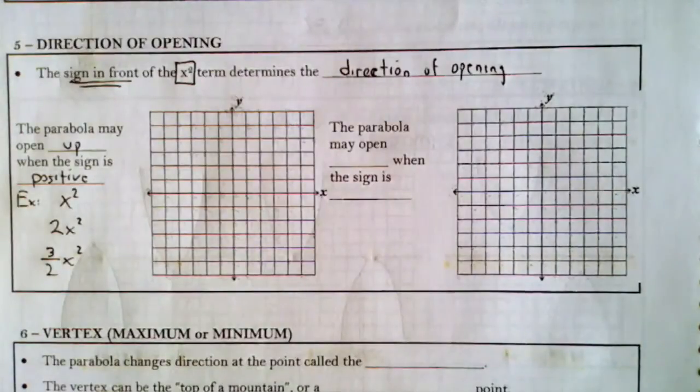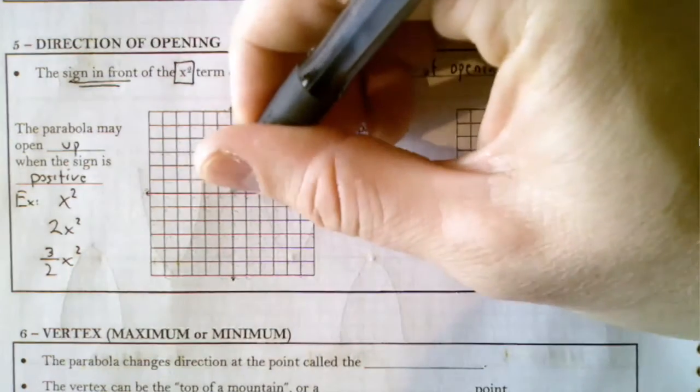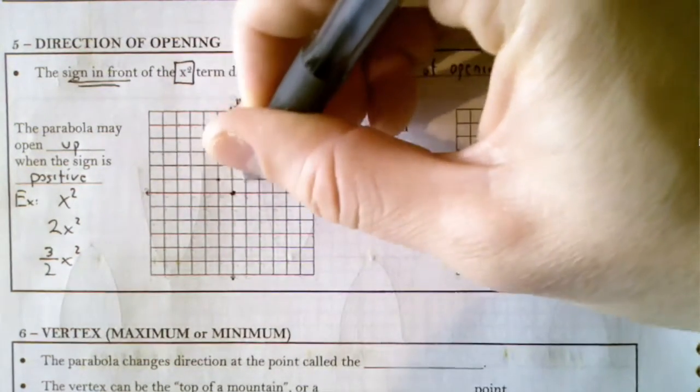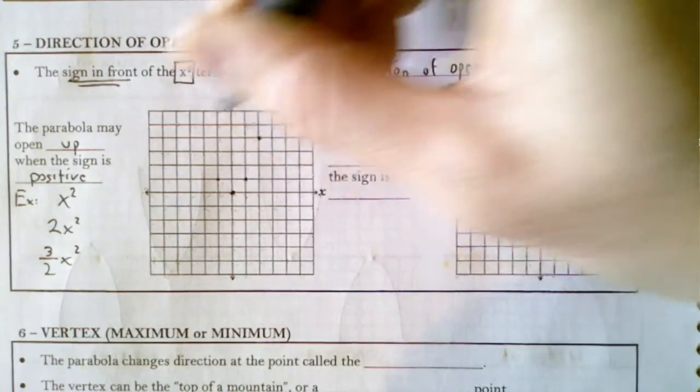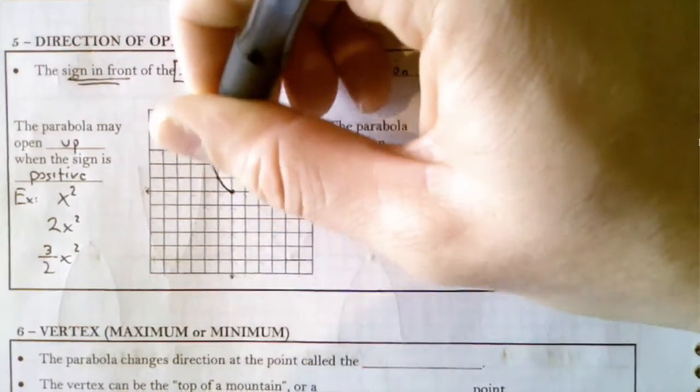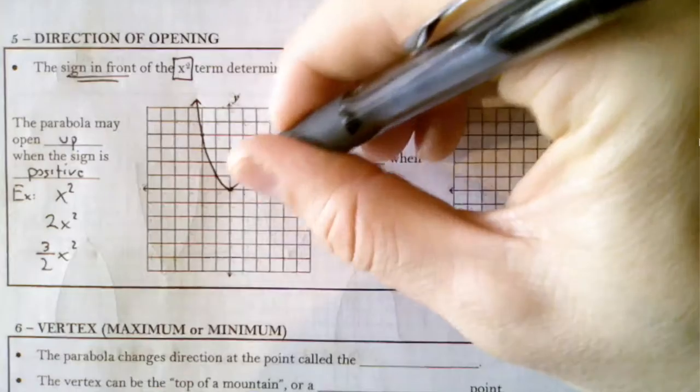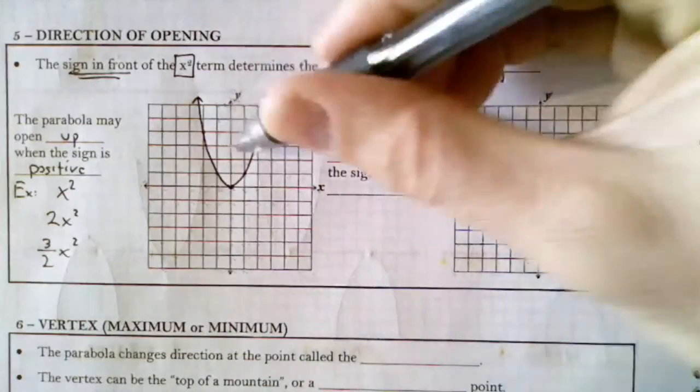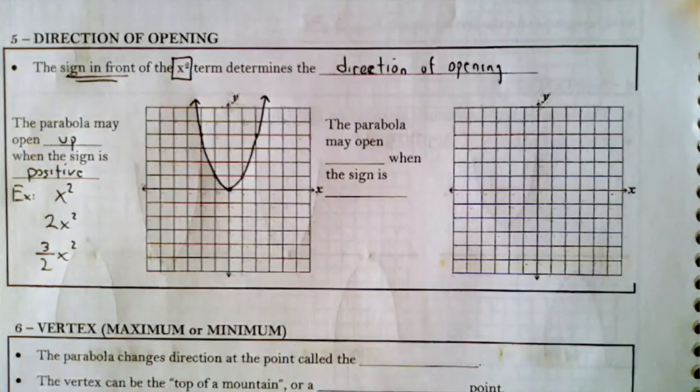As long as it's positive, we're going to get a parabola that opens up. So we get something that looks like this. Doesn't matter if you draw the points specifically, I'm just being particular. You just need to draw a curve that points up.